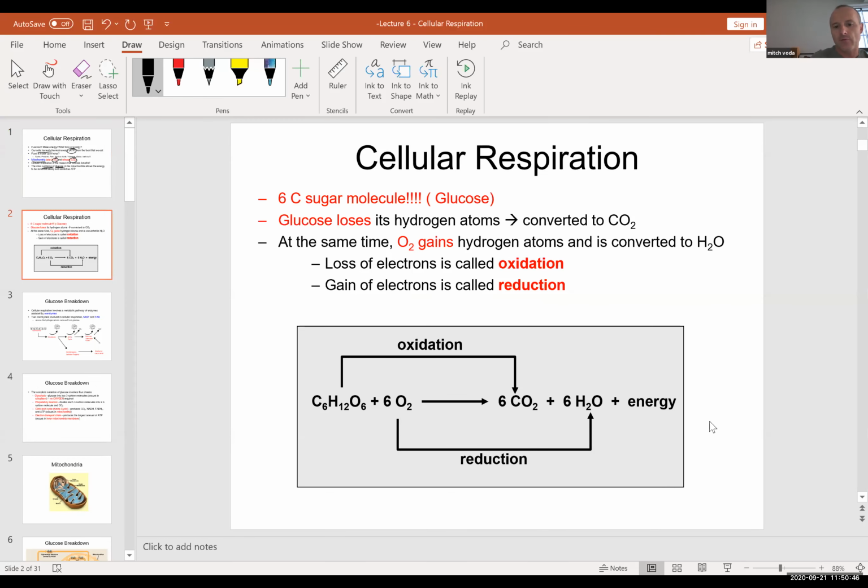Glucose is a 6 carbon molecule that turns into carbon dioxide. Remember, there are these hydrogens that are lost. Who's gonna pick them up? They're picked up by the oxygen, and at the end, you will have ATP as a form of energy.